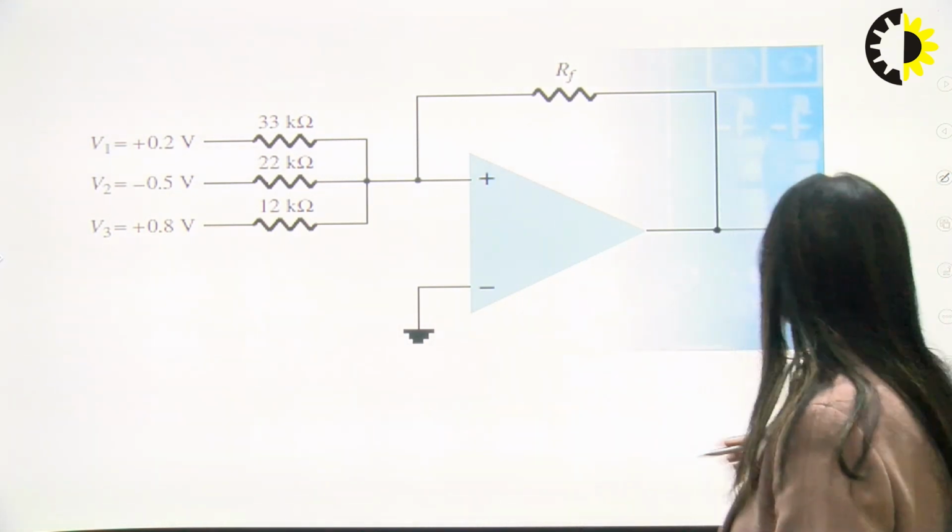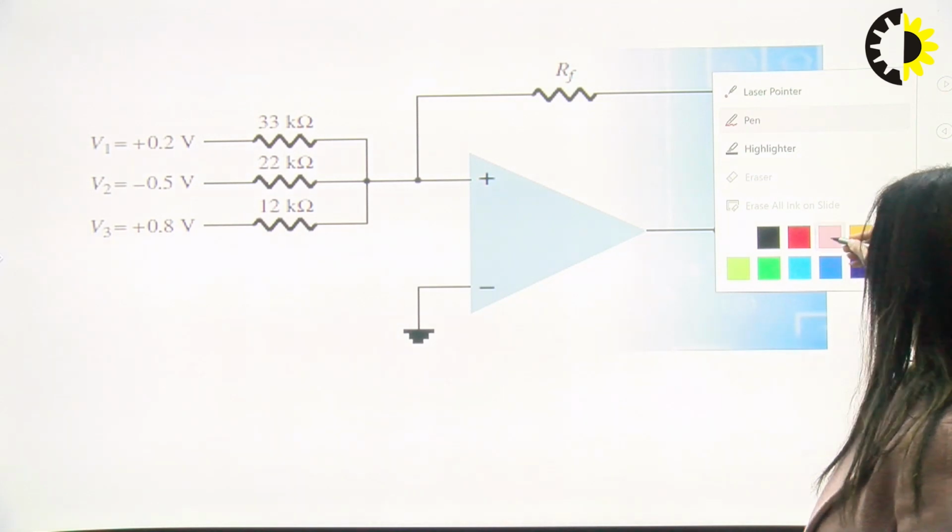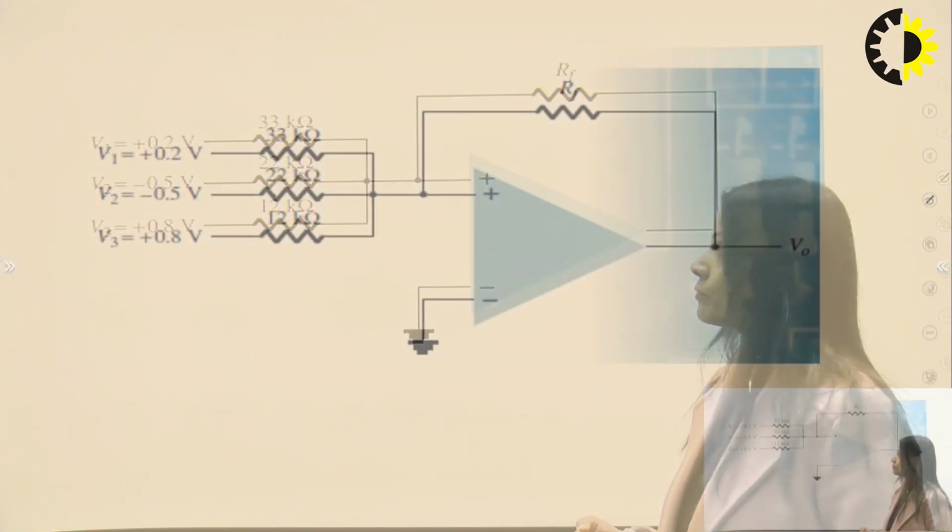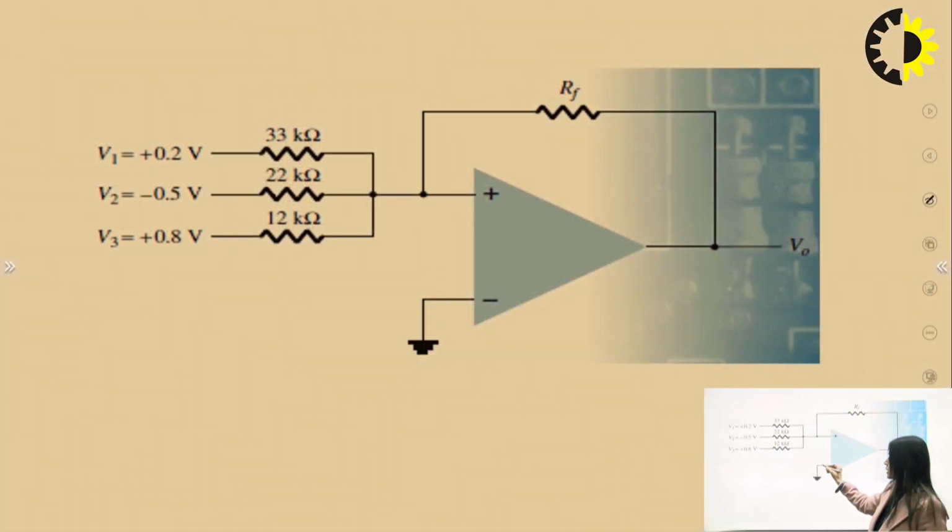So let's say this particular numerical is given. In the earlier lecture I discussed that we consider the Opamp to be ideal, and the second point is that we apply the virtual ground concept for the Opamp, and we check whether RF is connected to the negative terminal or not, and then we can easily apply Kirchhoff's current law.